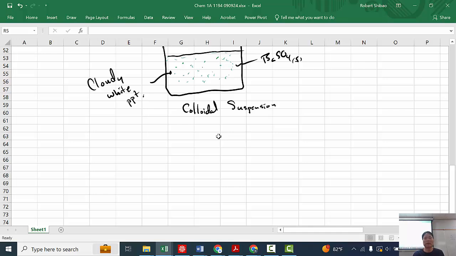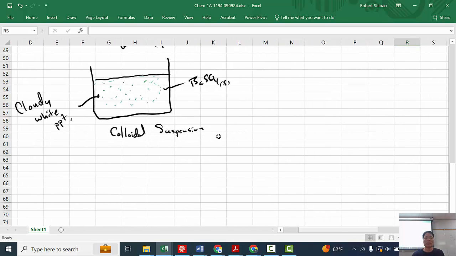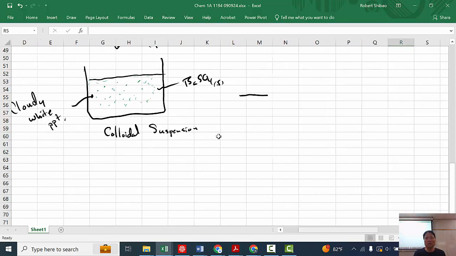But what we're going to do is try to coagulate our colloidal suspension. And so we need to coagulate by doing this. Do you know what this symbol stands for? Heat up, yeah. Let me heat this.